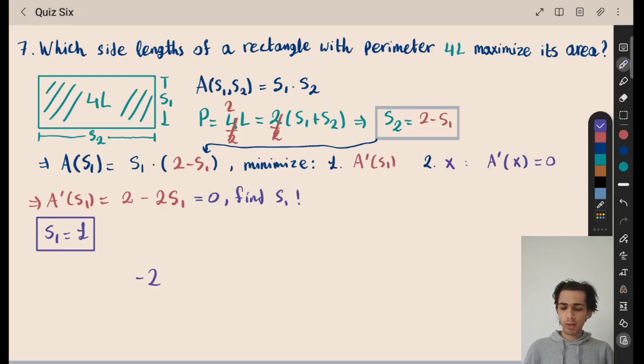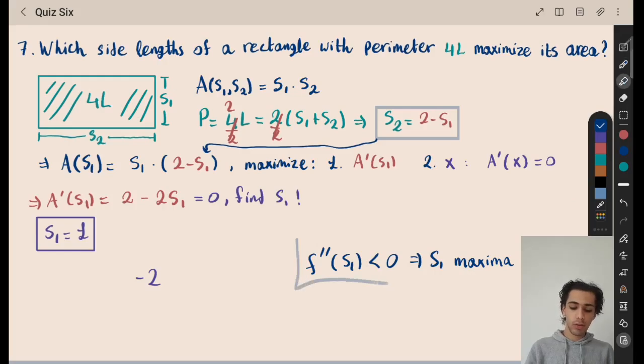Did I say minimize? Okay, this is a mistake from my side. So you need to maximize. If the second derivative of A is less than 0, then S1 is a maxima.